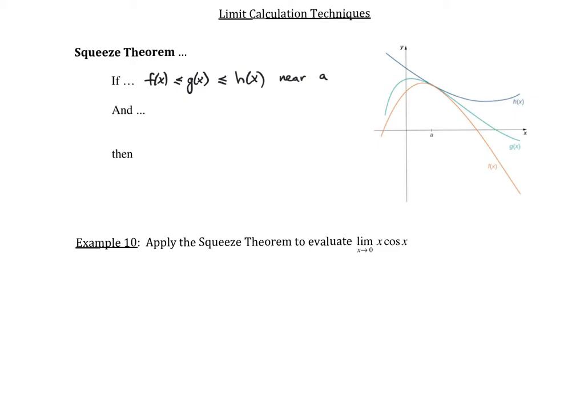Okay. The second condition that we have is that the limit as x approaches a of f of x is equal to some number L, and that is also equal to the limit as x approaches a of h of x.